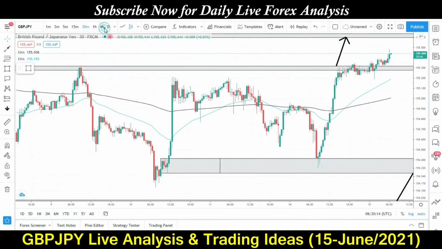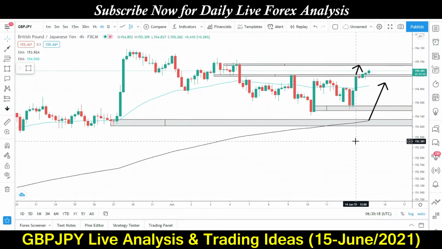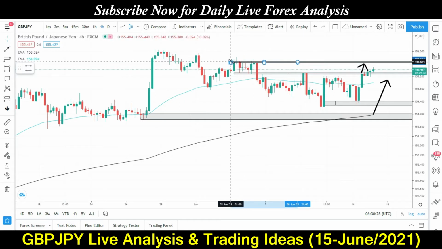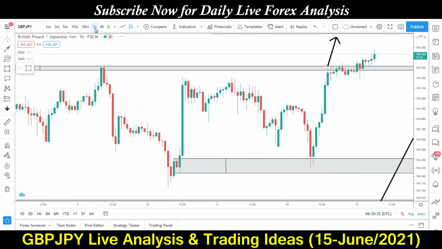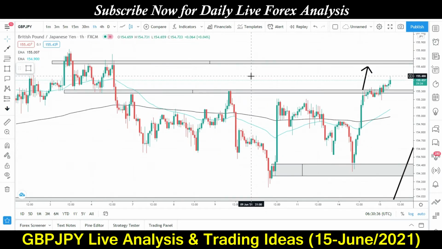First of all, we will move to the H4 time frame and see what's going on here. Okay, fine. So the market broke this resistance level and the market came into this range. We have another resistance here. Okay, so if we come to the H1 time frame, the market is going up to hit this resistance level.